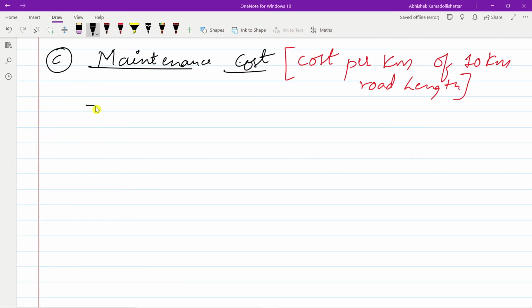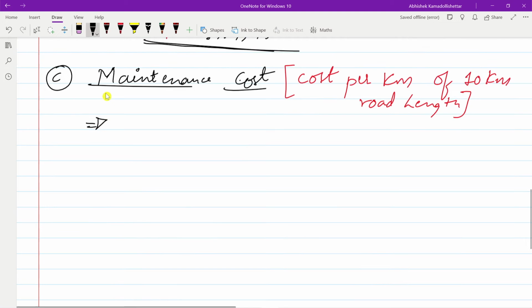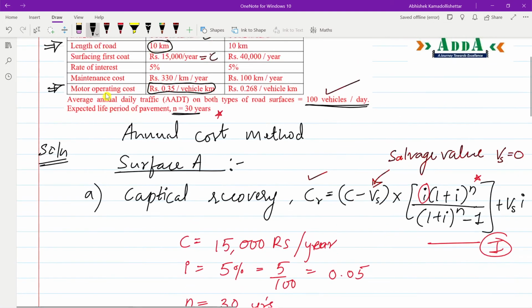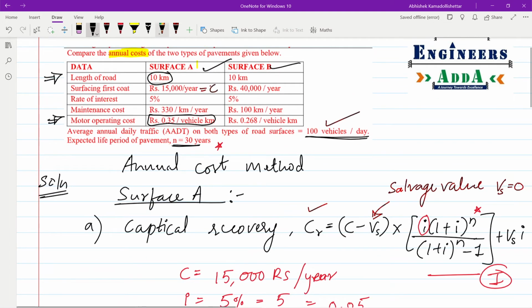They have given the maintenance cost in the question. Carefully you can observe here. So let me erase this part. Now carefully observe the maintenance cost. They have given the maintenance cost for surface A as rupees 330 per kilometer per year.